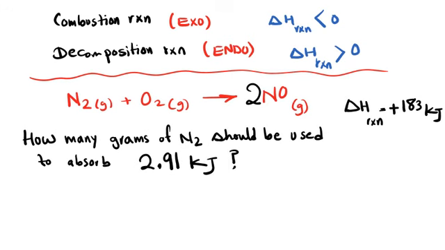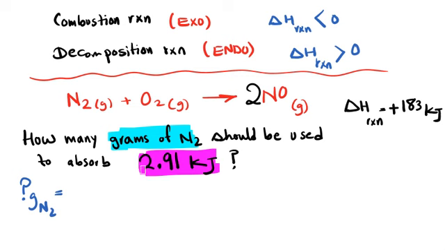So let me work on this problem. The question says how many grams of nitrogen? So I'm going to write this information here: how many grams nitrogen, question mark, and we need to use that one to absorb 2.91 kilojoules.